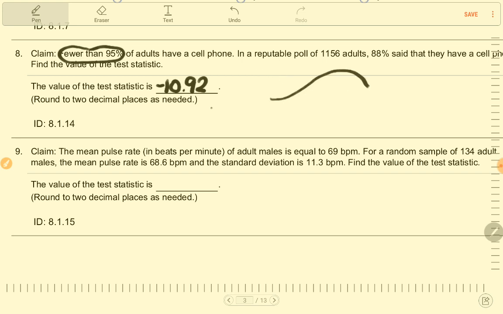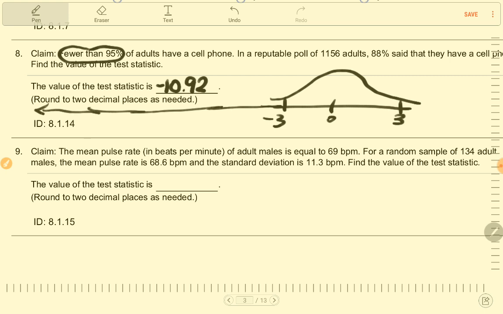By the empirical rule, we know that almost all of the z-scores should fall within 3 and -3. So to have a z-score that's almost -11, it's really, really far back. And it's going to have an area under the curve that is so close to 0, you might as well call it 0.